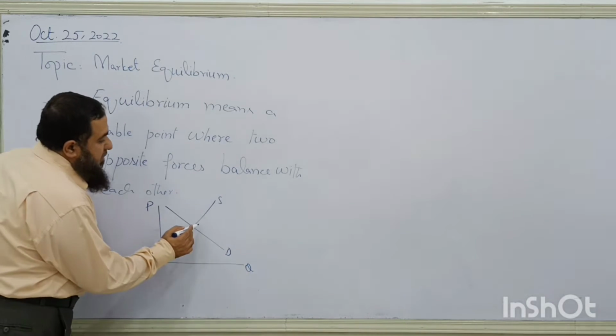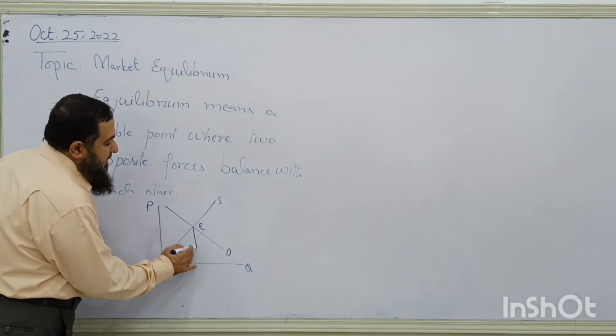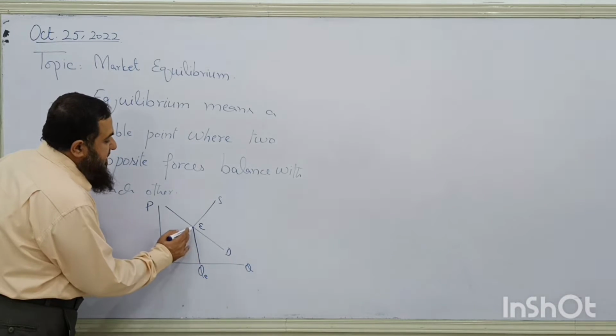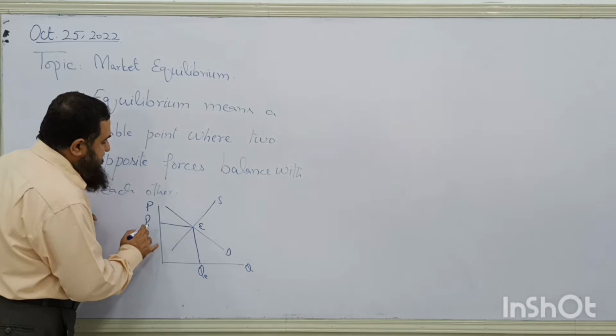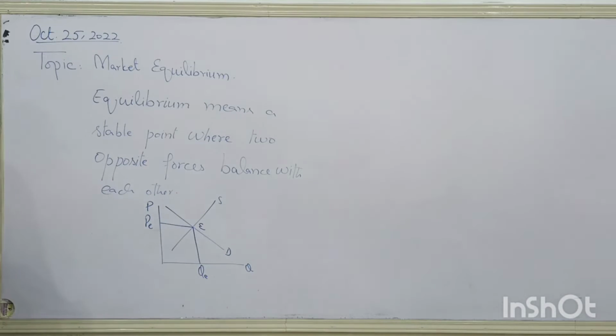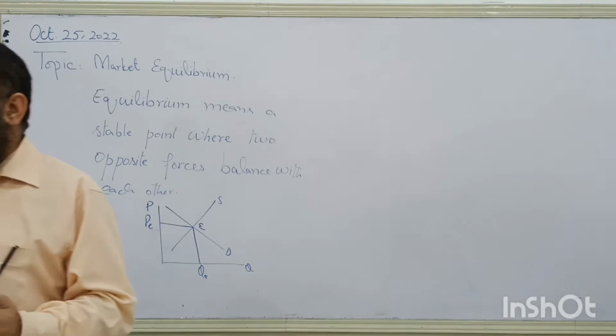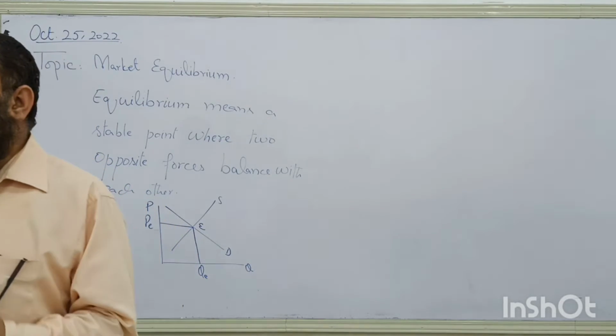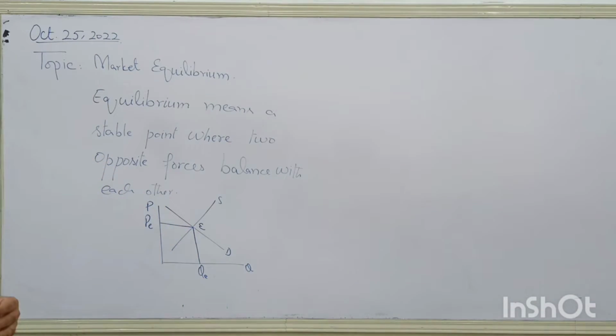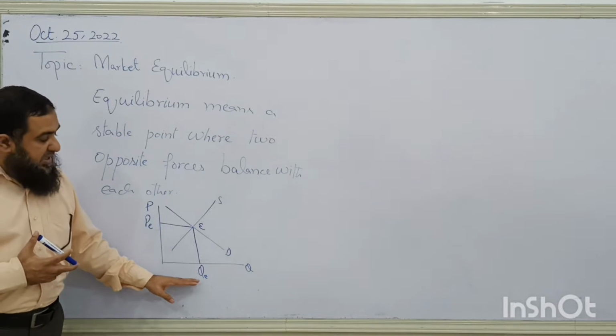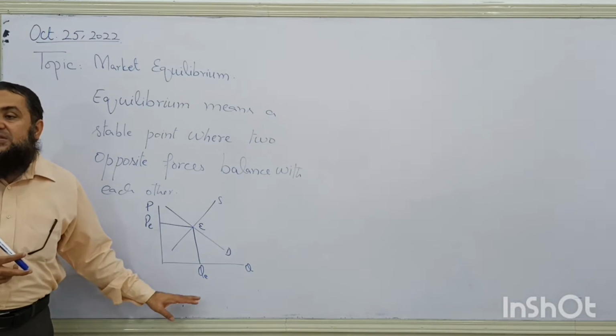So at this equilibrium point, this is the equilibrium quantity and this is the equilibrium price. Whatever quantity is demanded by the consumers is supplied by the sellers at this point, so the quantity demanded and supplied are balanced with each other.